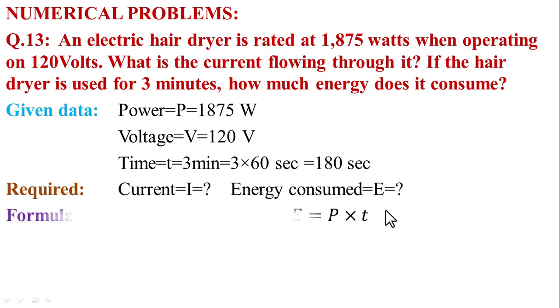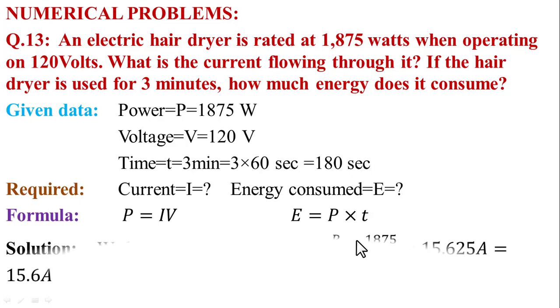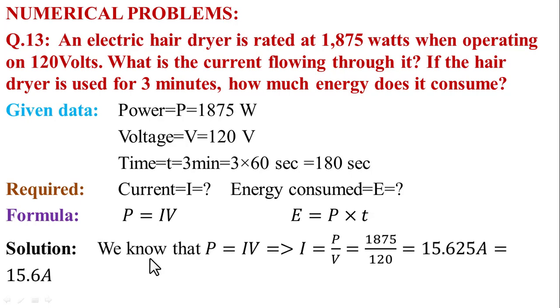Using the formula and calculating the value, first of all, we know that P is equal to IV. Power is equal to electric current multiplied by voltage. And also energy consumed E is equal to power multiplied by time. Now we can calculate, first of all, we know that power P is equal to IV.